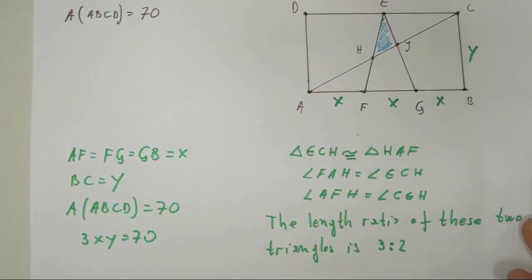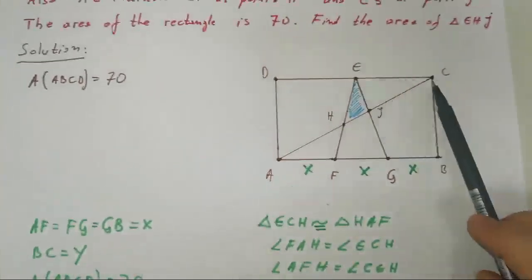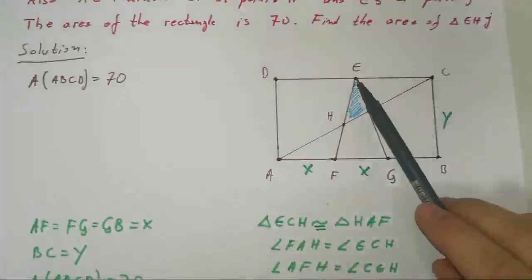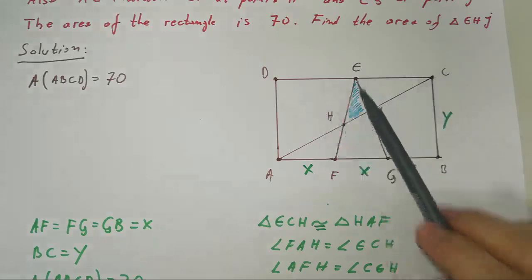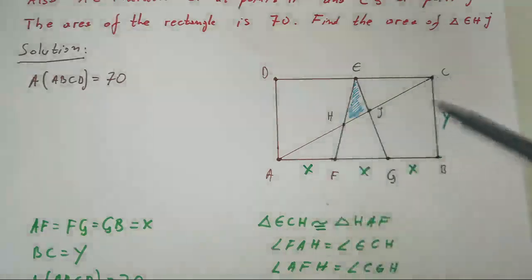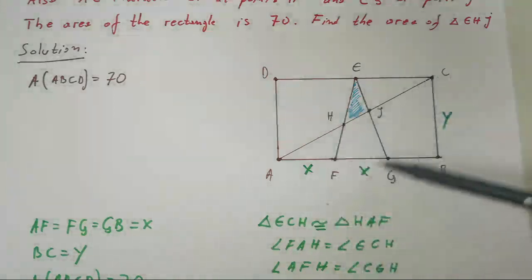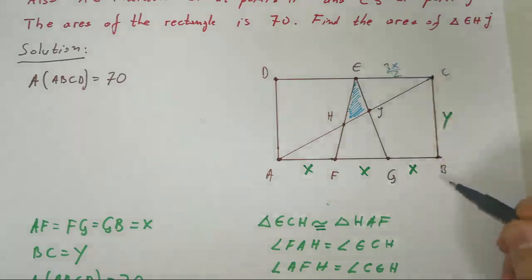All right, let's continue to show why this length ratio is 3 to 2. Look, the side here, EC: the point E is the midpoint of CD, which means it's half of the length of AB, because AB is equal to DC. AB is 3x, so this here is 3x over 2.